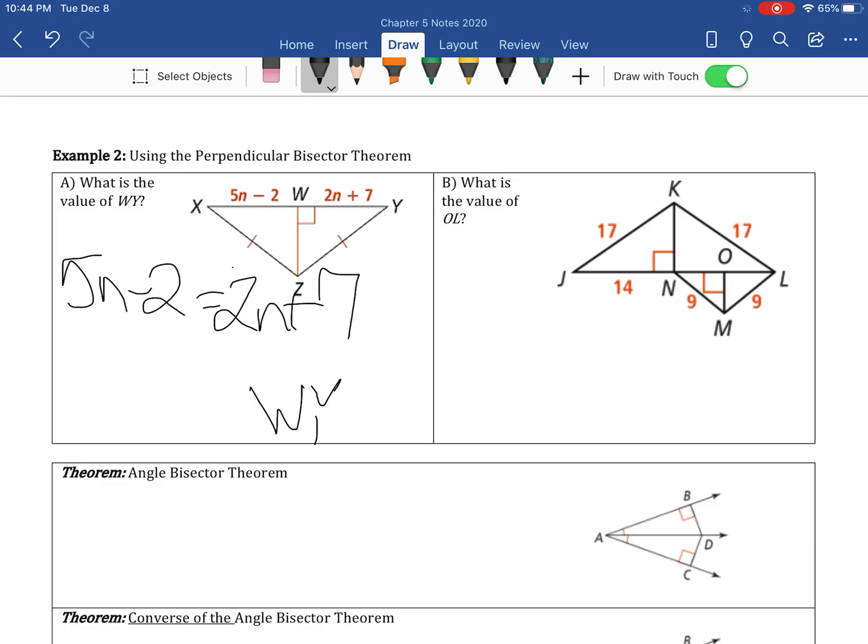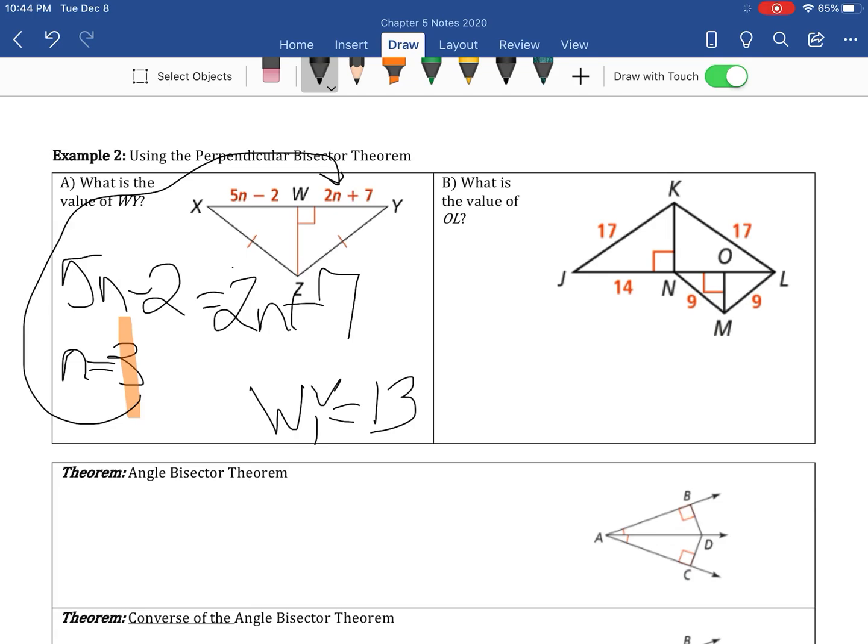Move your n's over, add 2, and you get n equals 3. Now again, that's not the answer. It wants to know what WY is. So please, please, please go ahead and take that number and plug it back in. And if I do that, I get a length of 13.